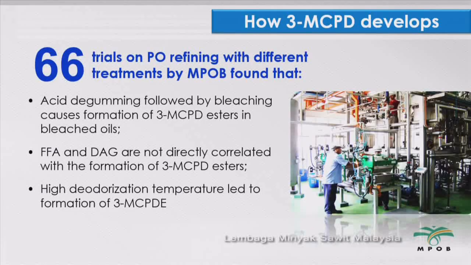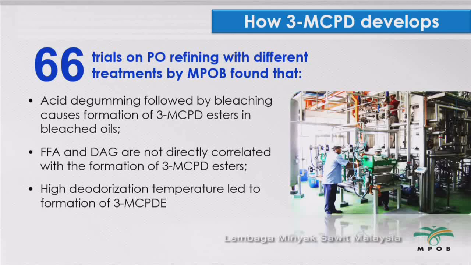Okay, again, MPOB has conducted several trials here, this is one of them. Looking at 3-MCPD, it was found that acid degumming followed by bleaching causes 3-MCPD esters in bleached oils. If you look at our olein, for example, it is RBD, refined, bleached and deodorized. Those are refined, just physical refining.